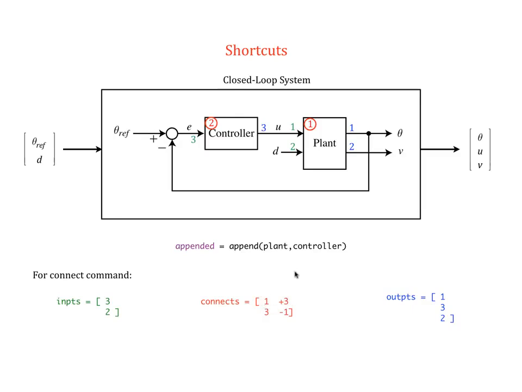In any case, this is one example of a simplification to the process that you're welcome to take, but again, be careful, and if you don't seem to be able to get a closed loop system that behaves as you think it should, go back and double check and triple check to see where you might have made an error in defining these two vectors and this one matrix, because it's very easy to make mistakes there.